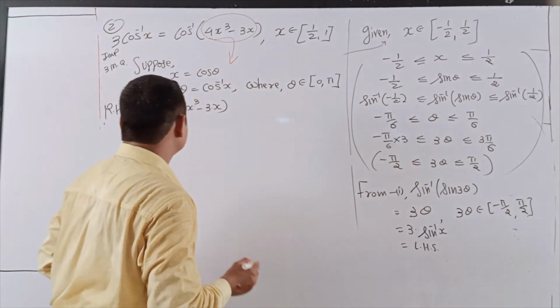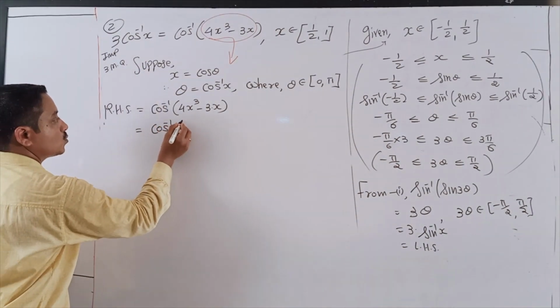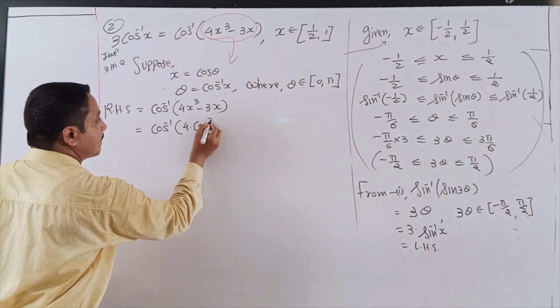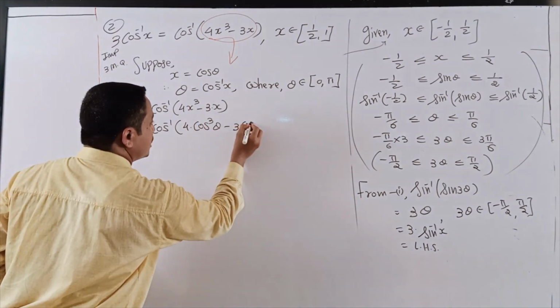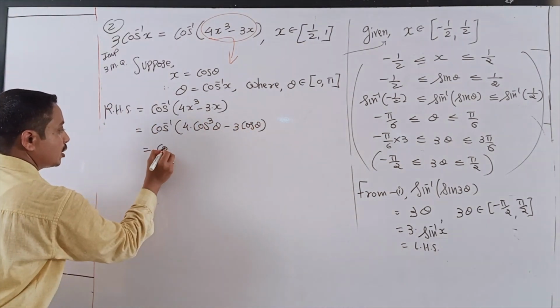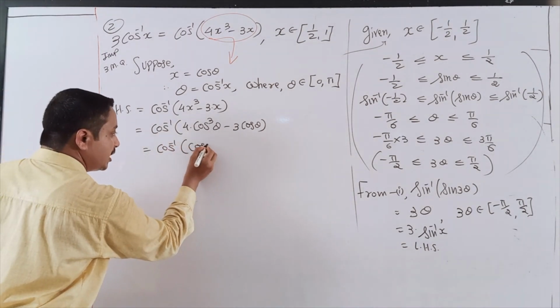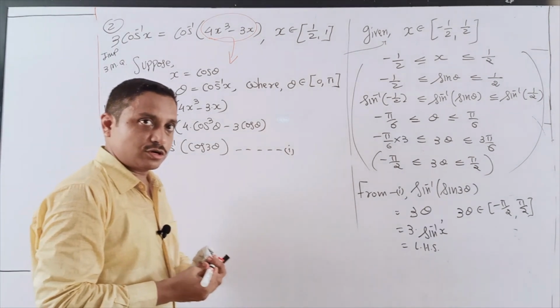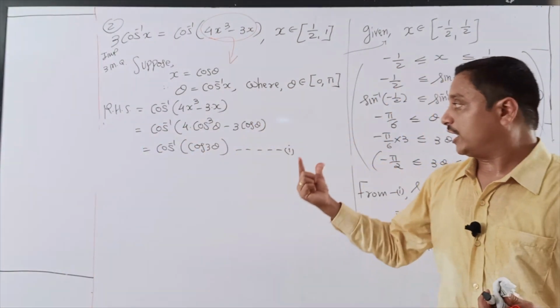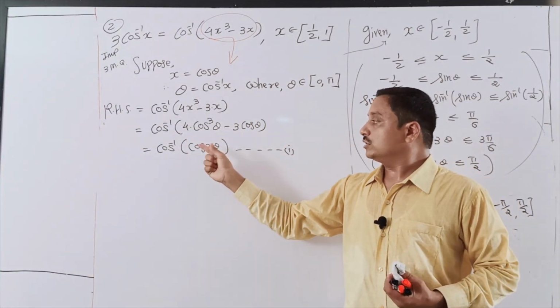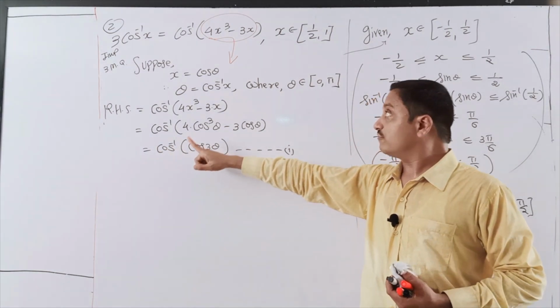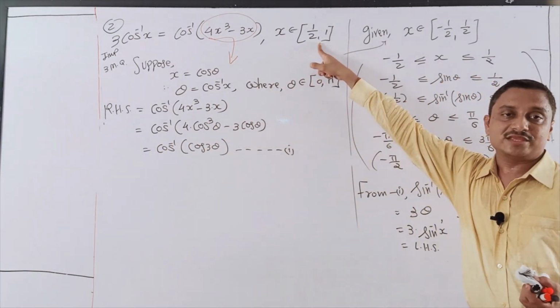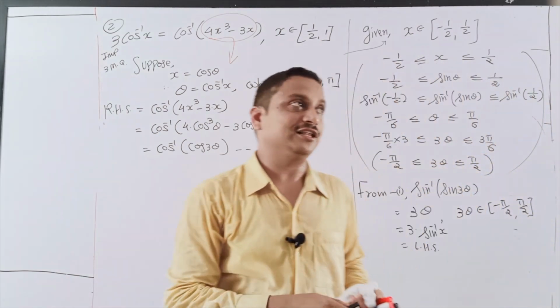It means cos inverse of 4 cos cube theta minus 3 cos theta. Sure, done. It is cos 3 theta, and here you stop and check whether your 3 theta angle belongs to the range of cos inverse after using these conditions. Then you create the last answer.